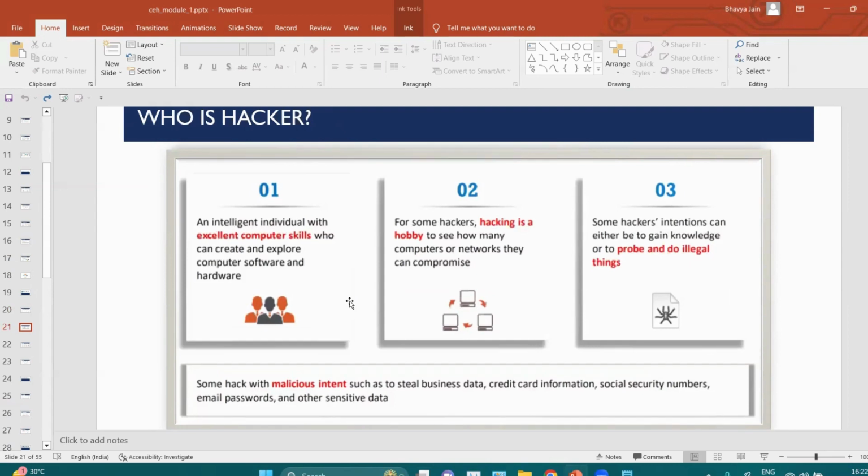Second, hacking can be a hobby, where a hacker sees how many devices or computers he or she can compromise. Third, some hackers hack for illegal purposes, like cyber criminals, with malicious intent such as stealing business data, credit card and financial information, and other sensitive data.